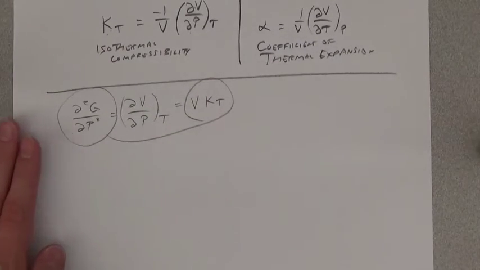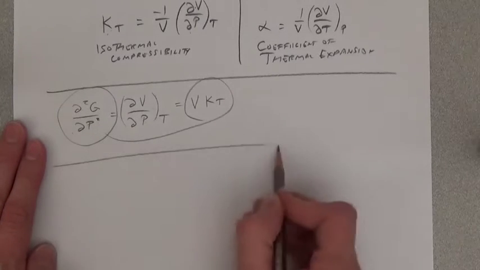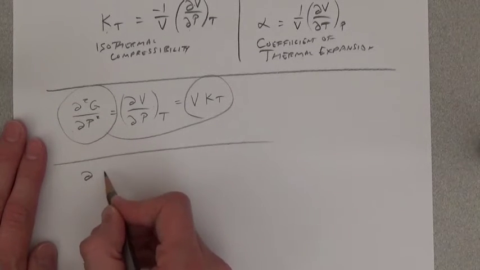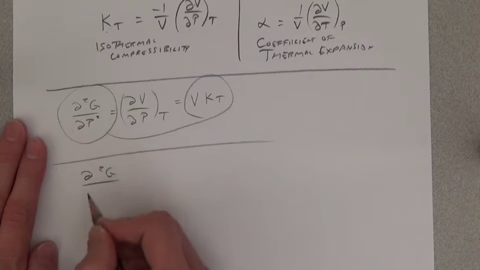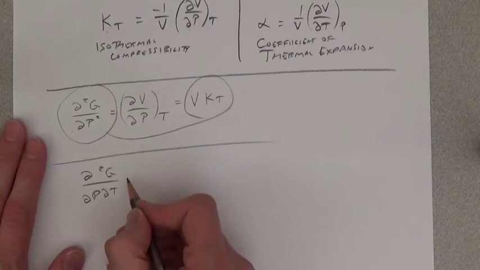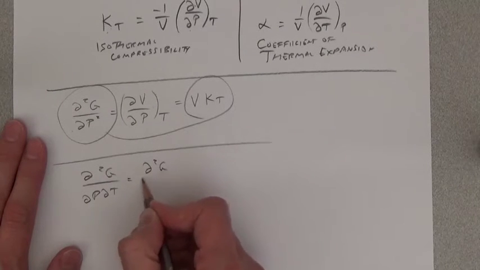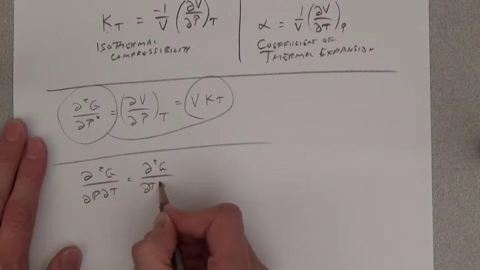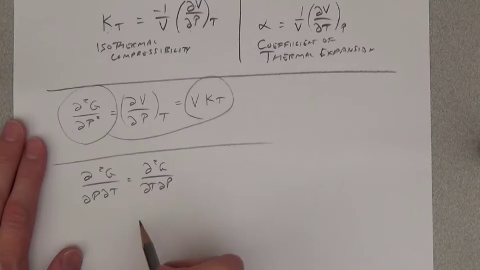Or we could write the second derivative of Gibbs with respect to pressure and temperature equal to the second derivative with respect to temperature and pressure. The order doesn't matter.